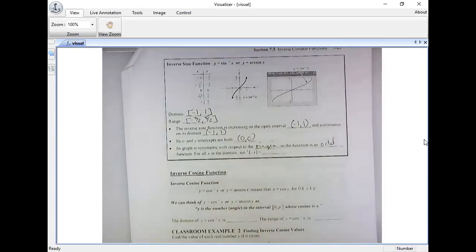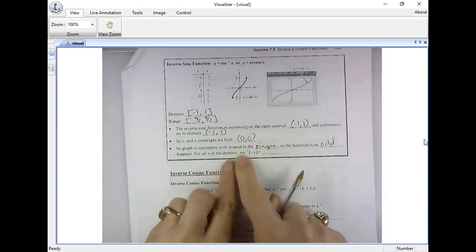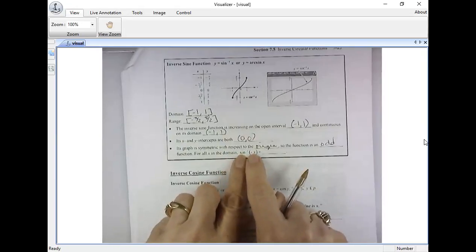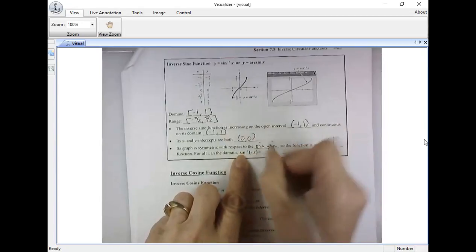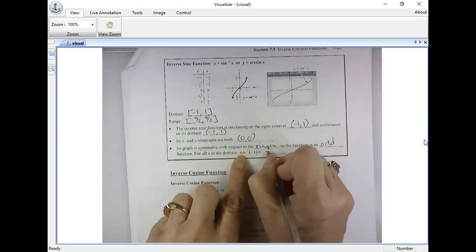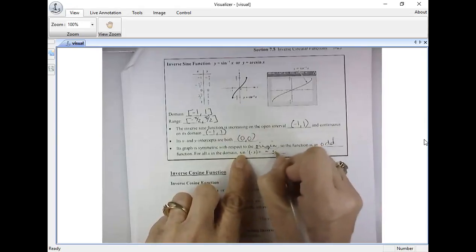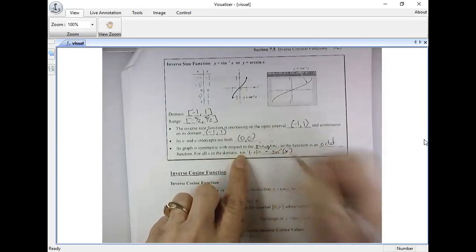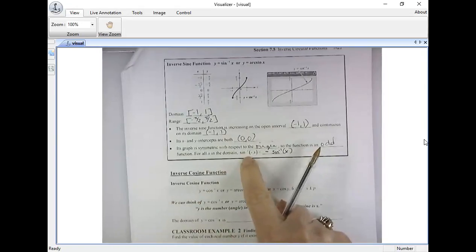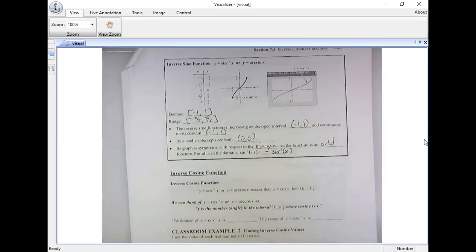And when it's an odd function, it means that if I were to change the sign, S-I-G-N, of the angle measure, it changes the sign of the output. So in other words, let's say we did sine of positive pi over 4.